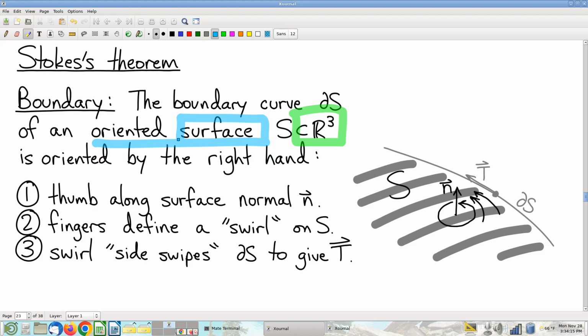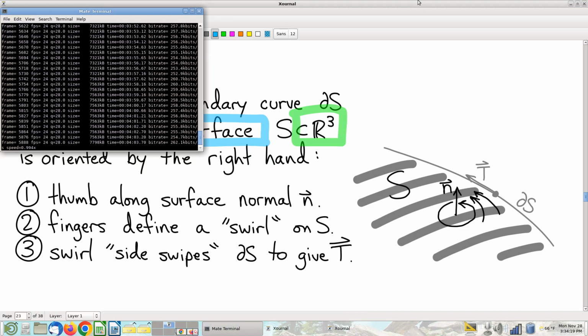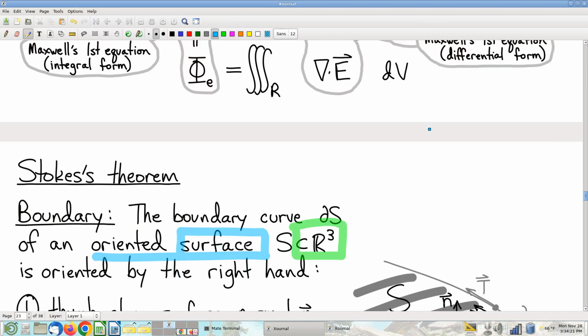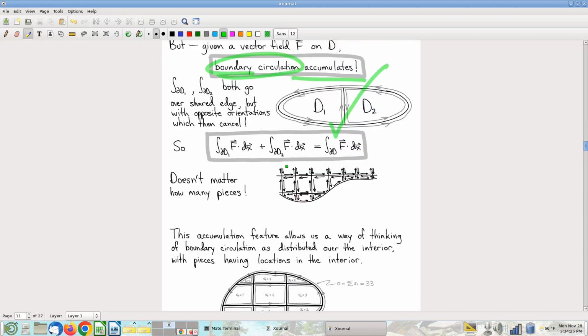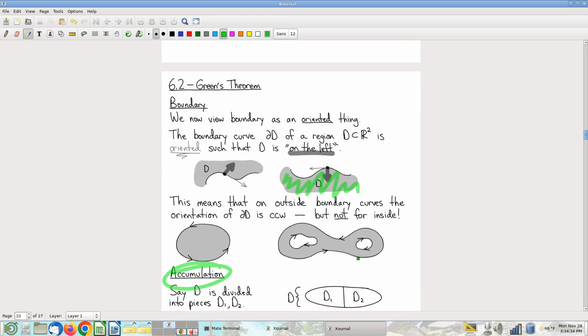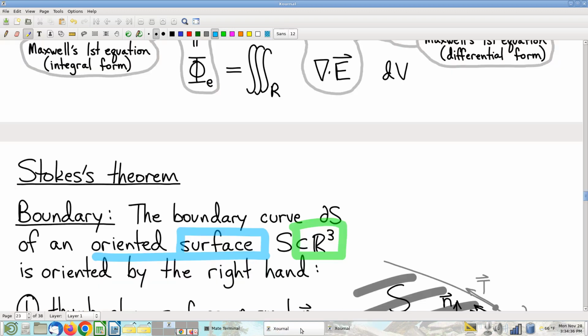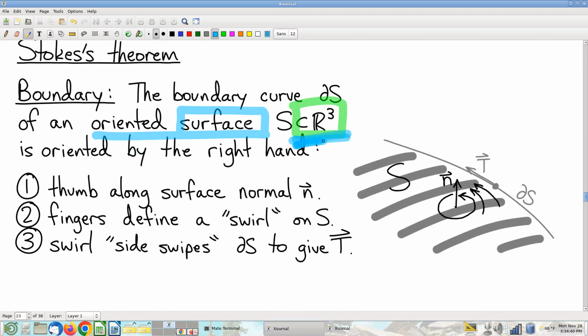Whereas with Green's theorem, a 2-dimensional thing in 2 dimensions is just a region, right? It's just some set, but still a 2-dimensional thing.